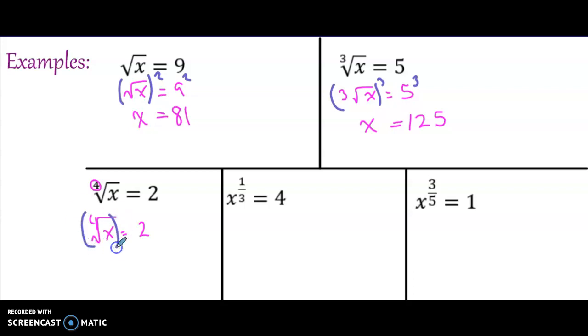To the 4th power. And so now we have that x is equal to 2 to the 4th. 2 times 2 is 4, 4 times 2 is 8, and 8 times 2 is 16, so 2 to the 4th is 16.